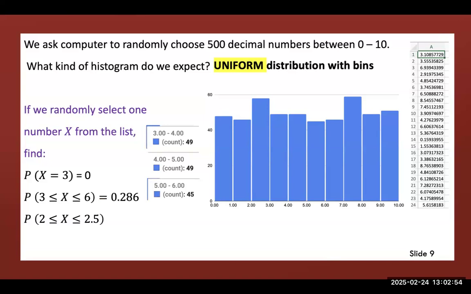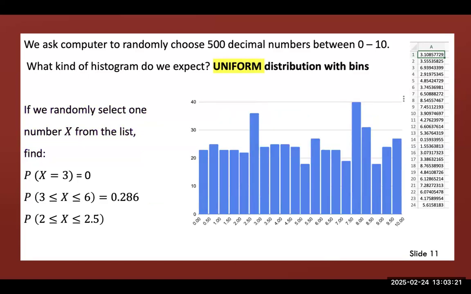Now, what about finding the probability that if we randomly choose a number, it's between 2 and 2.5? With this particular histogram, I can't figure that out because the histogram has bins of 1, and we need bins of 0.5 in order to figure this out. But you can go into the histogram and edit the bin size. So I did that, and I put the new histogram here.